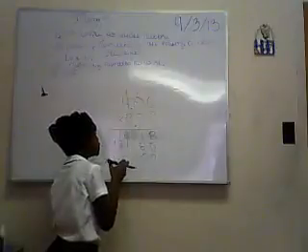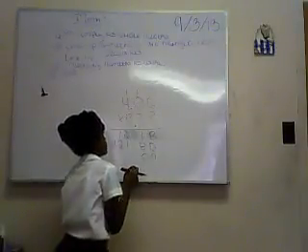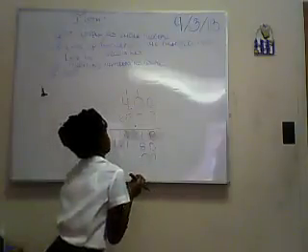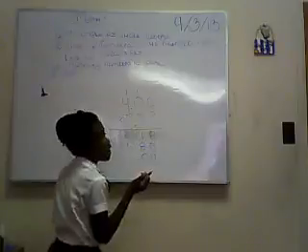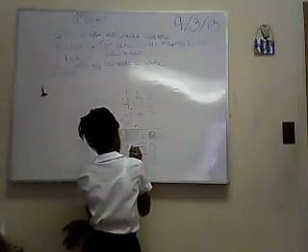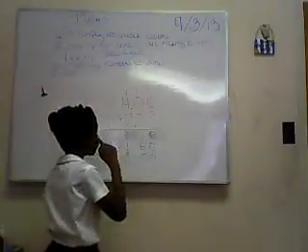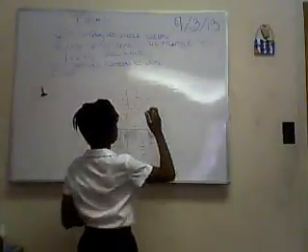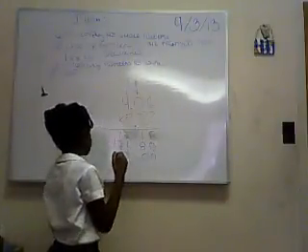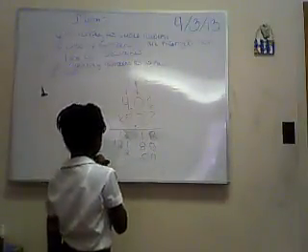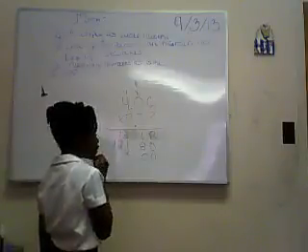6 times 7 is 42. Okay, and then I put 4. Cross that 1 out so you won't get confused. 0 times 7 is 0. Plus 4 is 4.